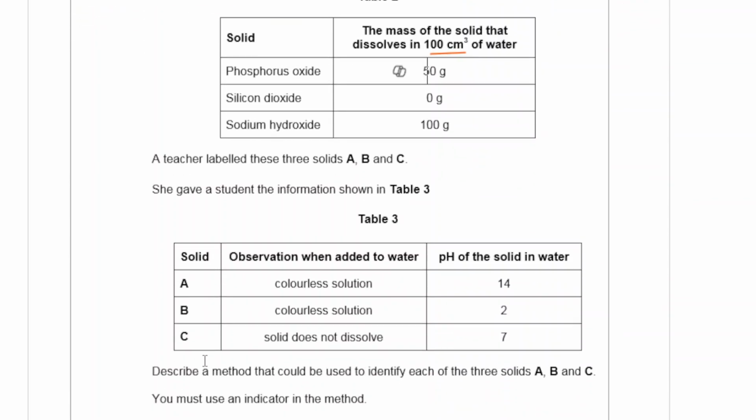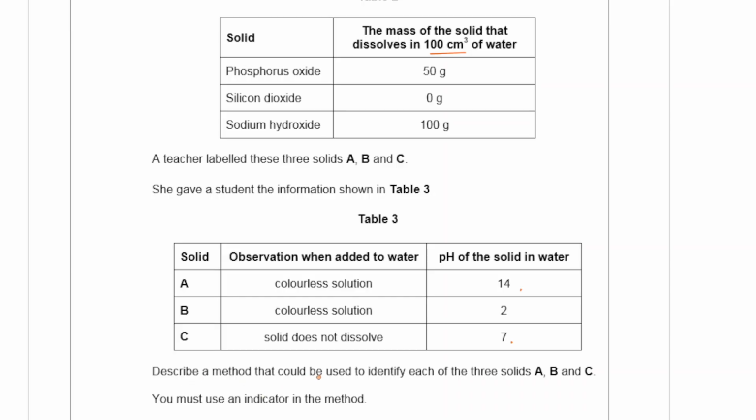Solid A, colorless solution, pH of 14. So it's strongly alkaline. Colorless solution with a pH of 2. Solid does not dissolve, with a pH of 7. So if it's not dissolving, that should be the silicon dioxide, isn't it?